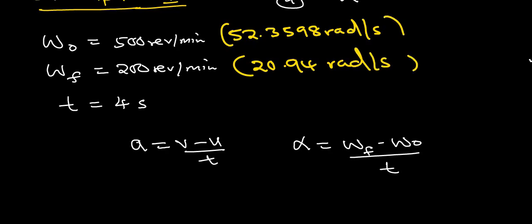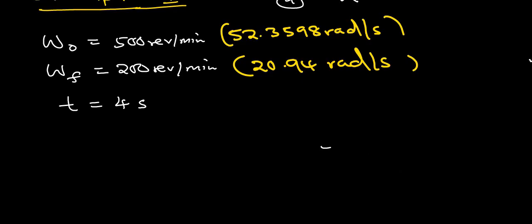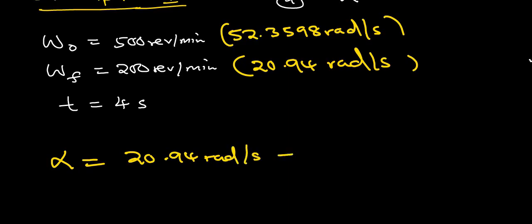So if you have these two in proper units, we can just use our equation directly. On the units, we have to indicate that this is going to be radians per second squared. So this is the final minus the initial.